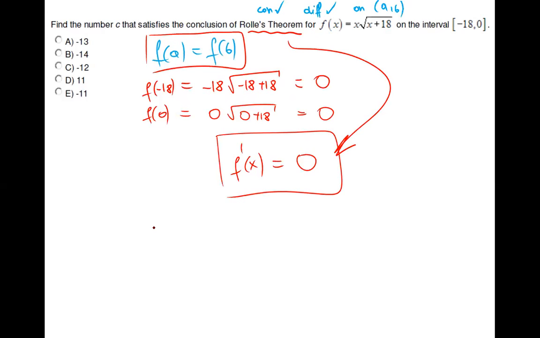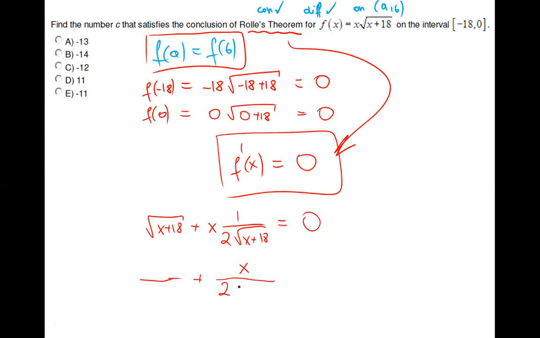Product rule. Derivative of x is 1 times the square root of x plus 18, plus x times the derivative of the square root, which is 1 over 2 times the same square root, times the derivative of the inner function, which is actually 1. I don't have to multiply, and this is 0. Okay, I have to just solve this equation for x. Again, a fraction and a number. Let's get a common denominator.